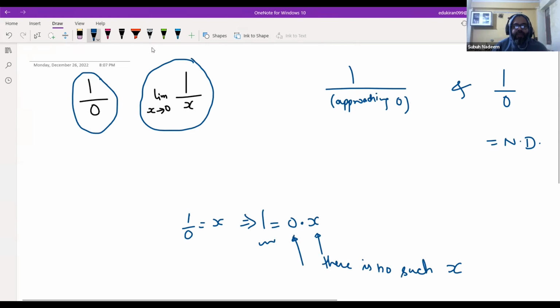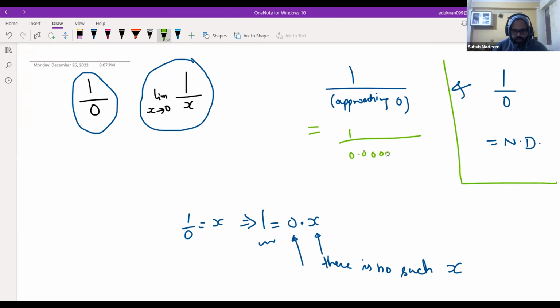Now what about 1 by approaching 0? If we talk about 1 by approaching 0, then it means that the value is not 0, but it is very, very close to 0. Like you can take a very small value like this. Now if you take its reciprocal, it will be a very large value.